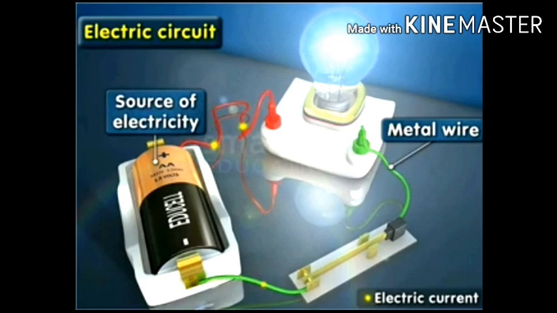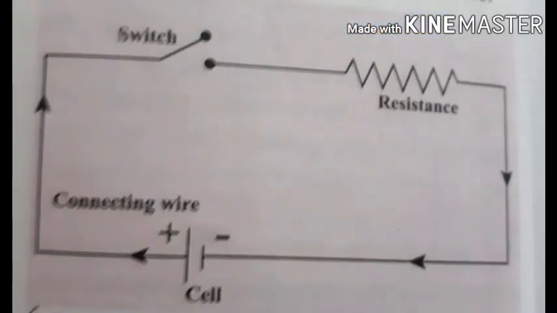This is a simple electric circuit which consists of a cell, a bulb, connecting wires and a switch in the on condition. Here the bulb can act as a resistance. It can also be called a load.